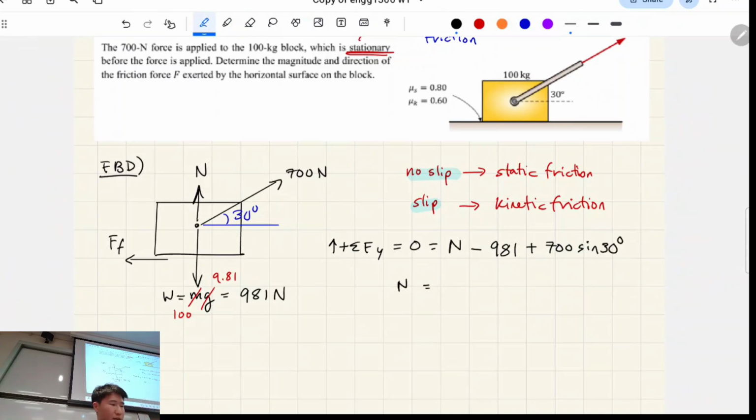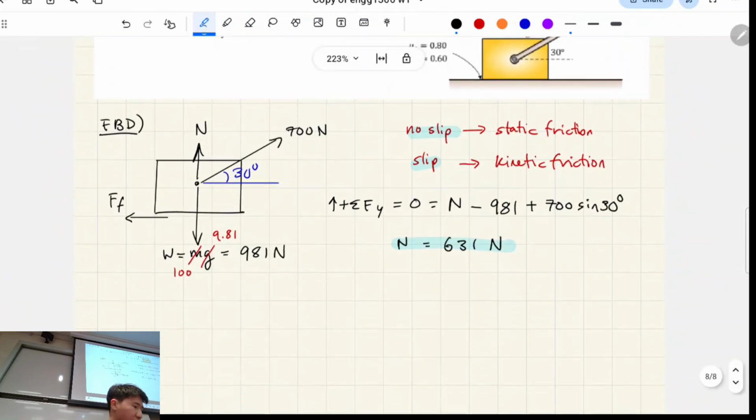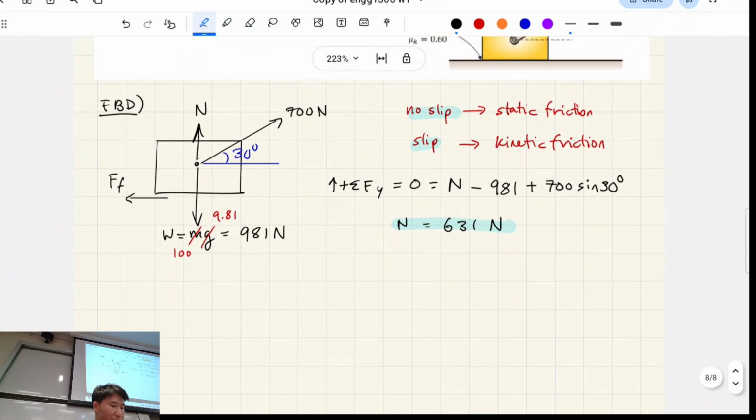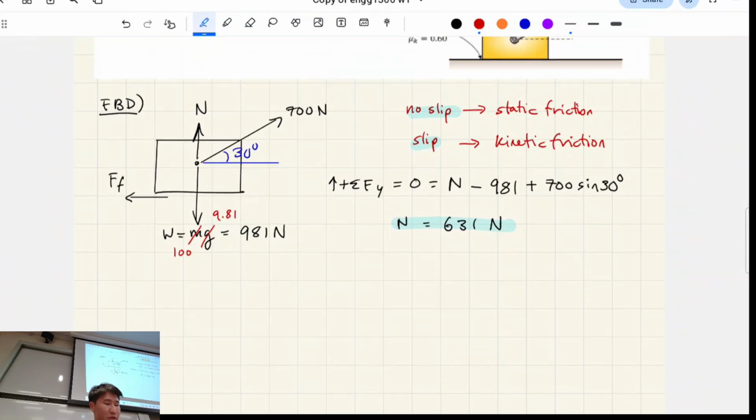And when we solve for that, we get N is this, right? All right. So before I calculate the sum of the horizontal forces, I'm going to try to explain a bit more about the friction and the slip, okay?